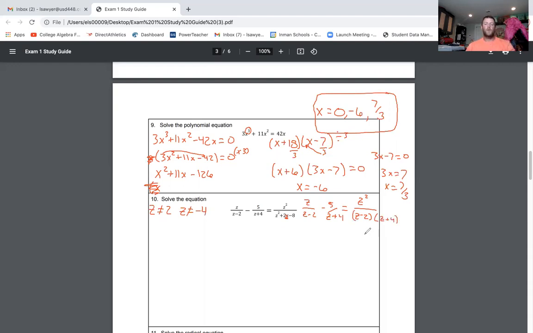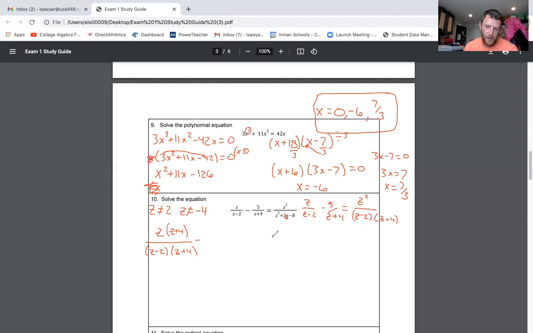We've got to get common denominators, then we can cross everything out. Notice this one has z minus 2, z plus 4. They all need z minus 2, z plus 4. The first one is missing z plus 4, so I'm going to multiply the top and bottom there by z plus 4. Now it matches that one.